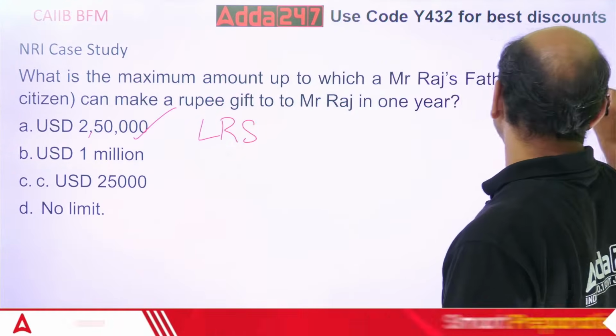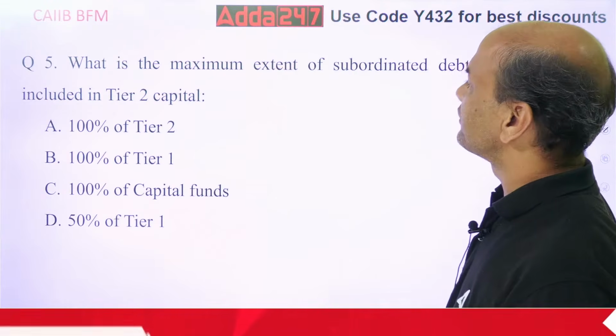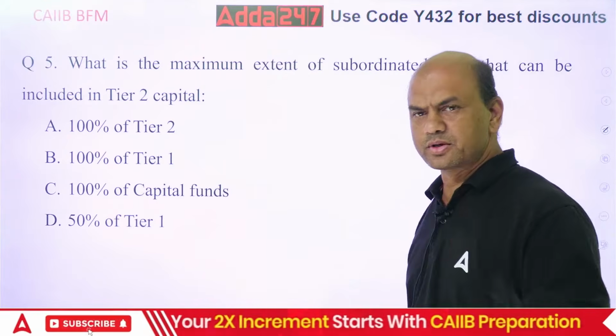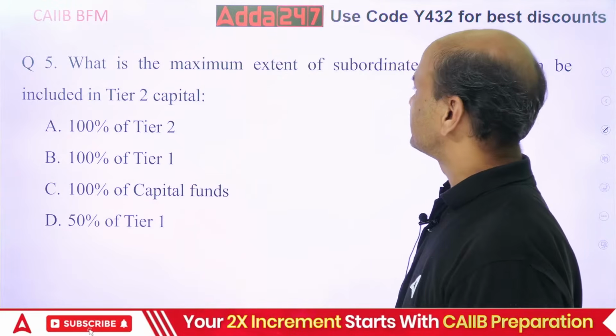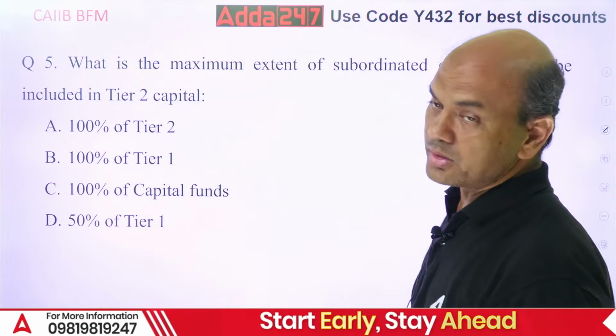Okay, under LRS. The case study is over, okay? What is the maximum extent of subordinated debt that can be included in tier 2 capital?